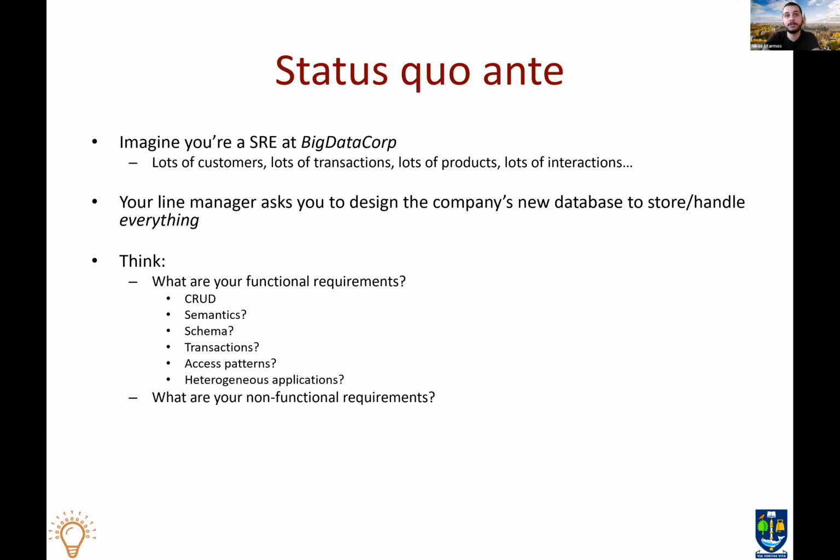Is there some pre-specified schema where you know that every item needs to have all of these properties or attributes? Or is the schema flexible, or is there no schema at all? Do you plan to have transactions? And by transactions, I mean the ability of the system to support pretty much ACID, some level of isolation.